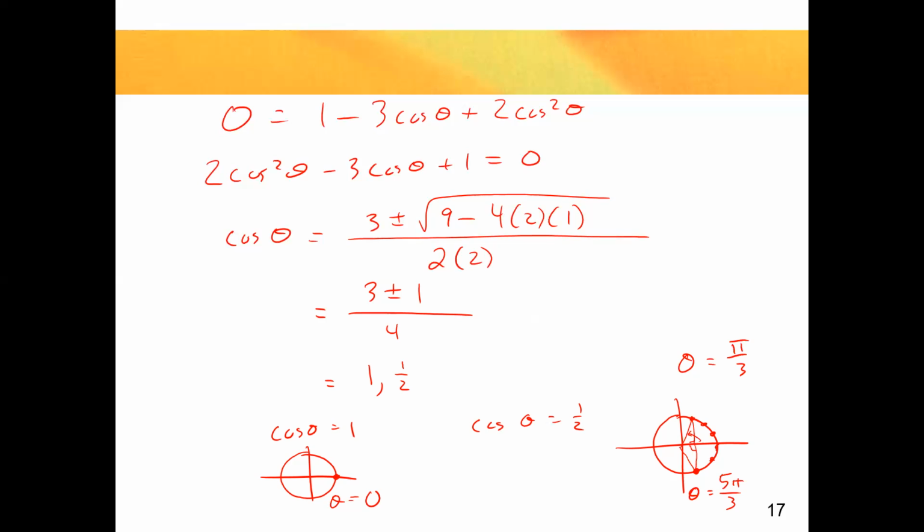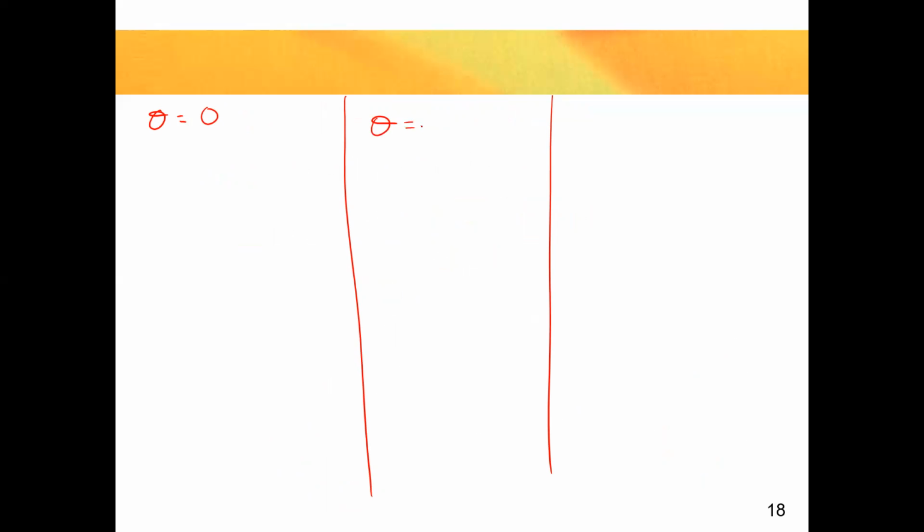So 0, pi over 3, 5 pi over 3. Karena and Hayden, can you guys check 0? Amaya, Haley, and Rylan, can you guys check pi over 3? Georgia and Nicholas, 5 pi over 3.